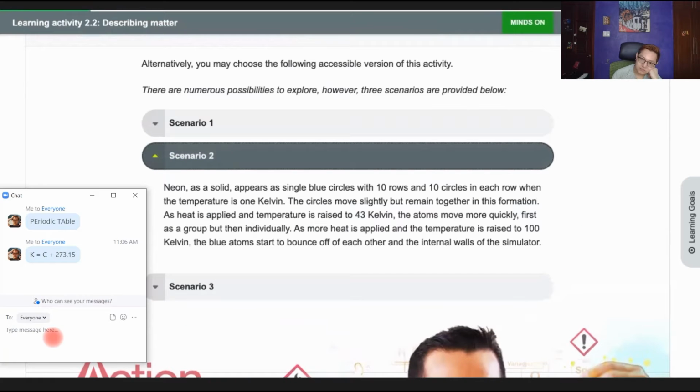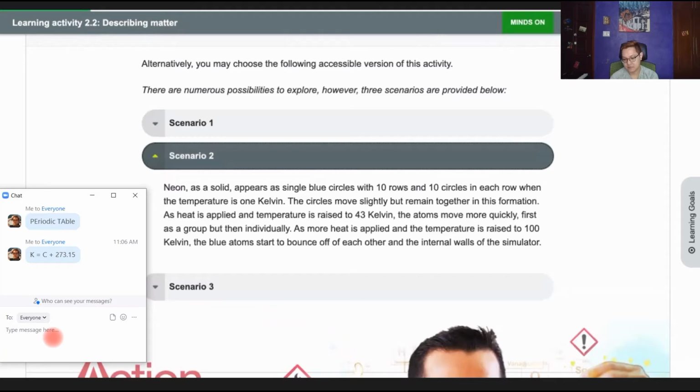Scenario 2. Neon as a solid appears as single blue circles in 10 rows with 10 circles in each row. When the temperature is 1 Kelvin, the circles move slightly but remain together in this formation.